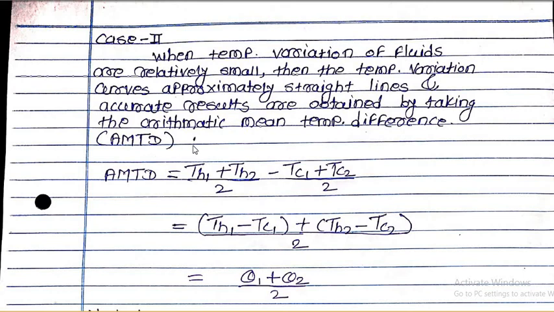As we have seen in our temperature distribution diagrams for parallel flow and counter flow, we usually get curved temperature distributions. But in some situations, for a parallel flow arrangement and a counter flow arrangement, we get straight lines.